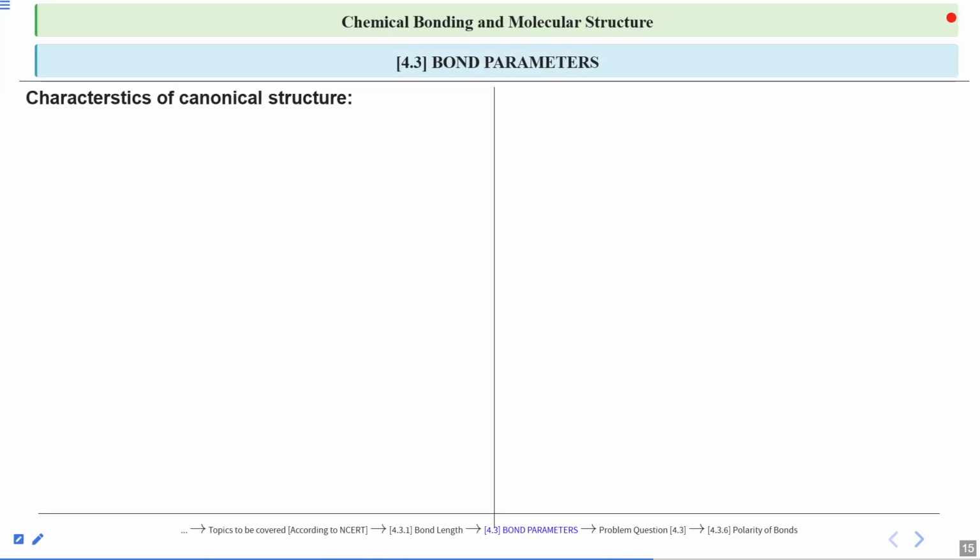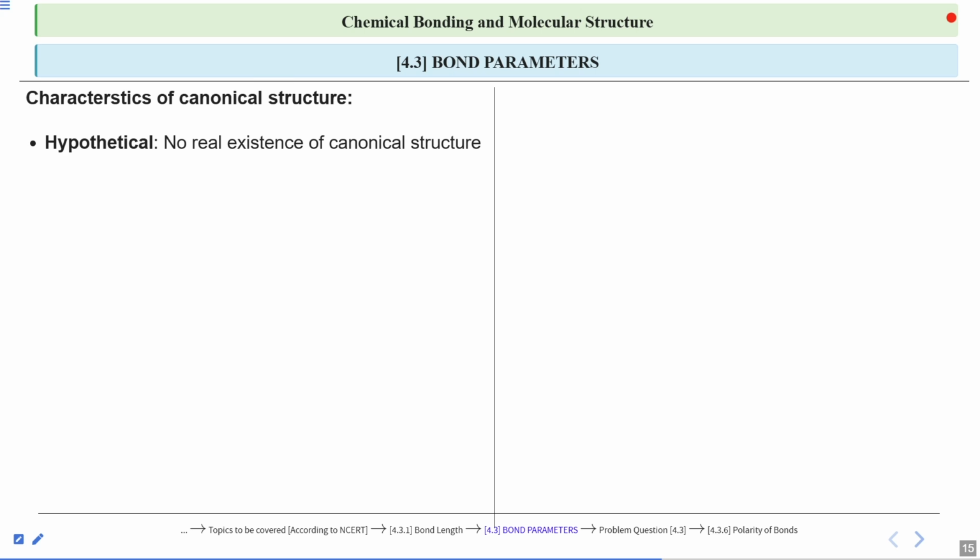Now, moving on to the last part of the canonical structure, which is the characteristics of the canonical structure. What are those characteristics? Yes, the double bond will be more stable and shorter in length. It will be more stable, yes. And the longer bond will be the single bond, and it will be less stable. Now, the first characteristic is that canonical structures have no real existence.